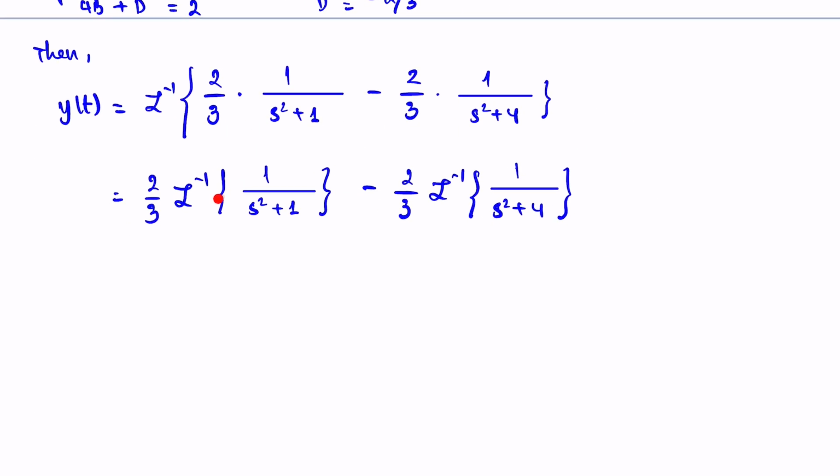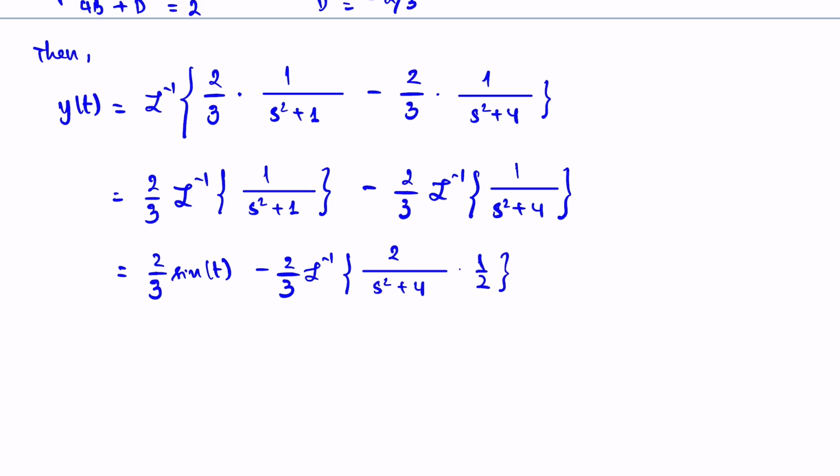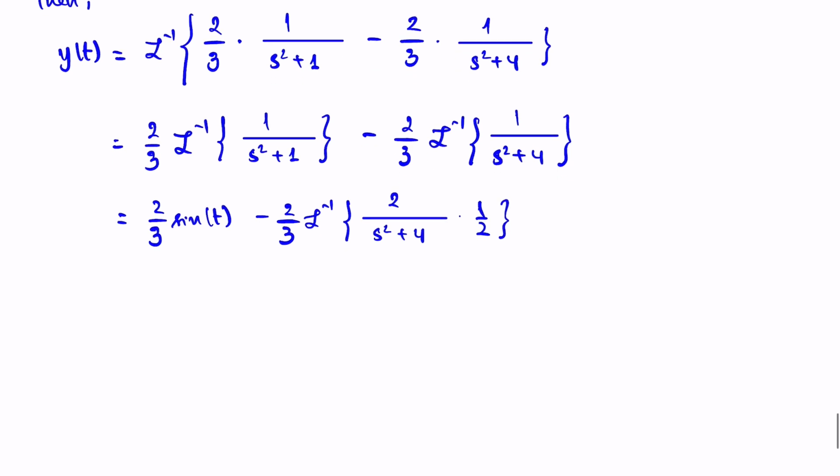For the first inverse Laplace transform, this is psi of t. For the second inverse Laplace transform, there's a little bit of work that you need to do. So you have 2 over (s squared plus 4) times 1/2. Then you can pull the 1/2 out of the inverse Laplace transform operation.